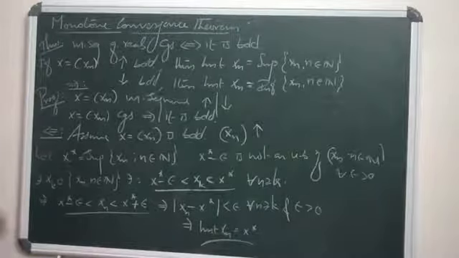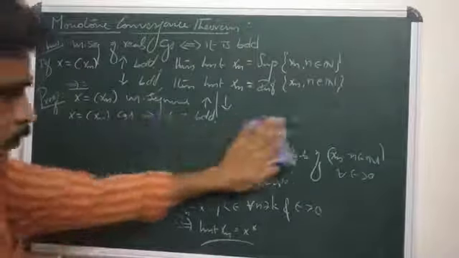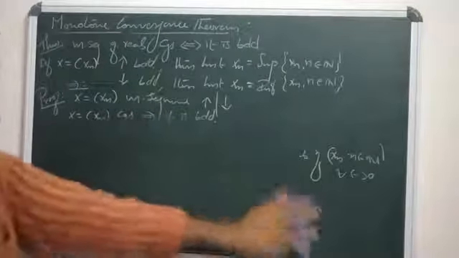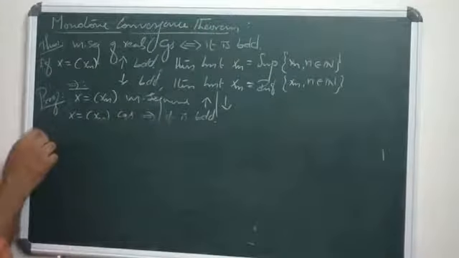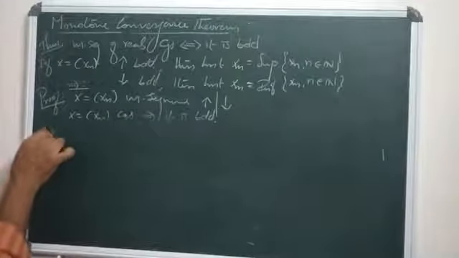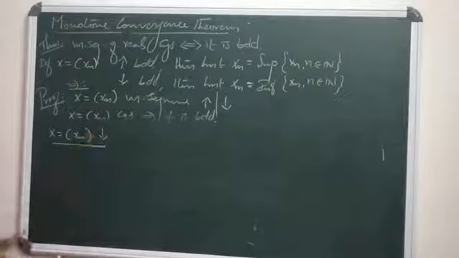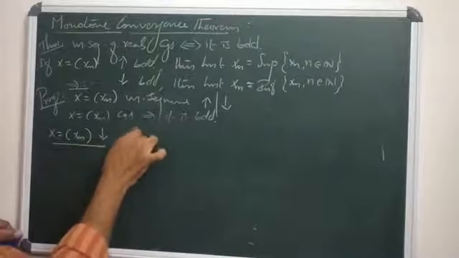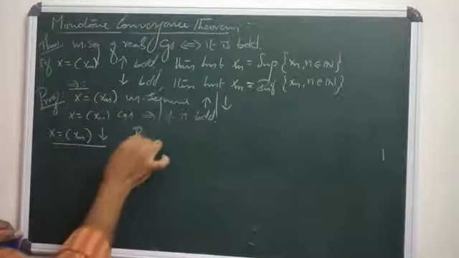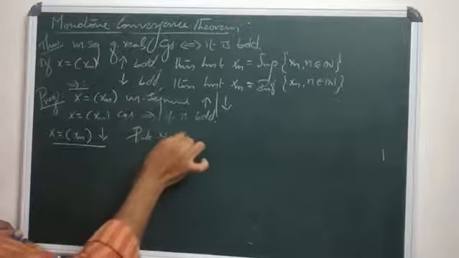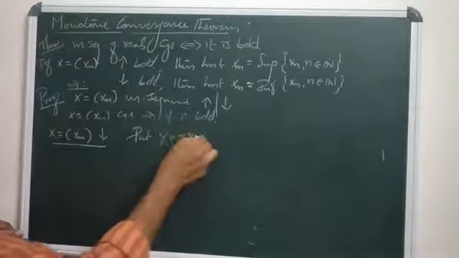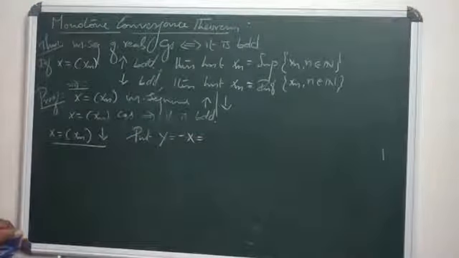So when xn is a decreasing sequence, what happens there? That is our next consideration. Next we consider the sequence x equals xn is decreasing. Put y equals minus x.